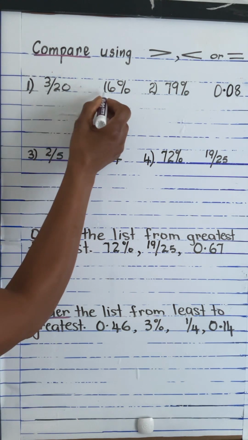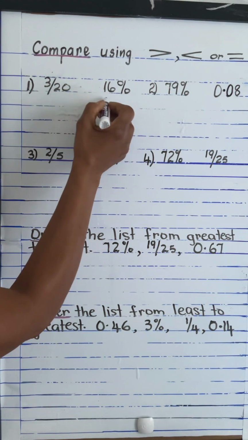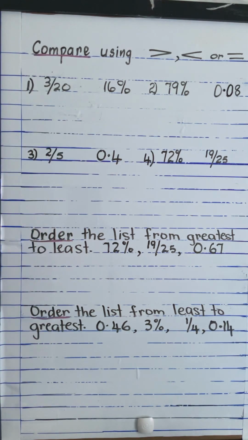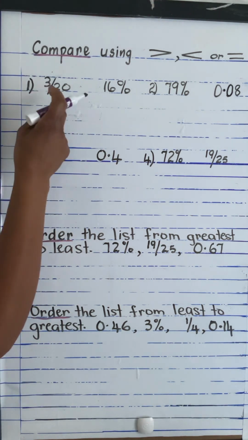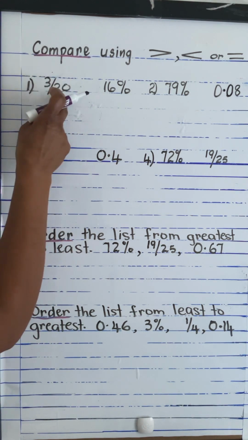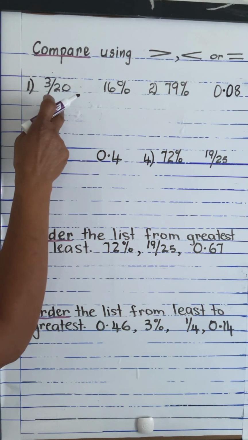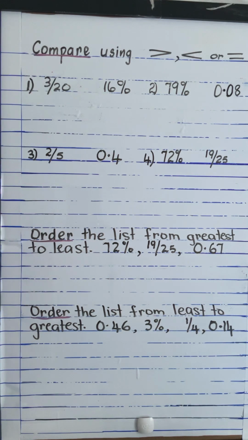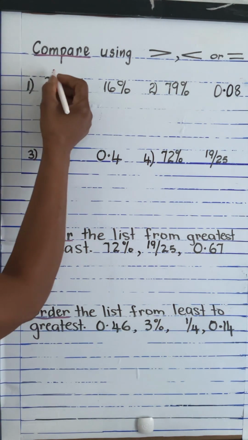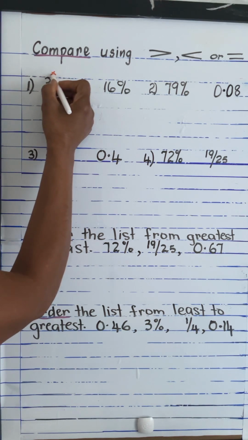We know that a percent means per hundred. That means the denominator is 100. So we could just bring 3/20 to an equivalent fraction with the denominator 100. We do that by multiplying the numerator and the denominator by 5.